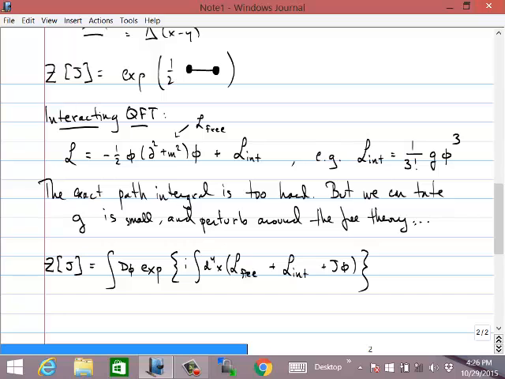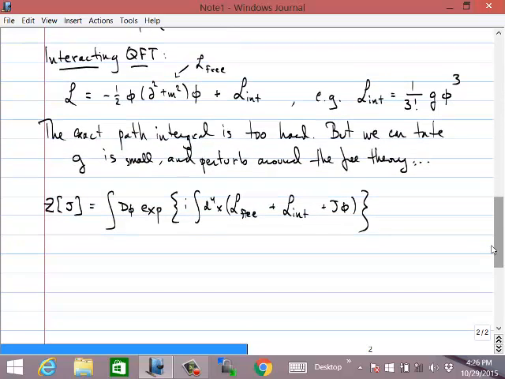So let's just imagine trying to compute that for our simple phi cubed interaction that we have up here. So what is that? Well, let's just imagine taking that L interaction term, so you have an e to the i integral of that interaction term. And you have this constant here which is small. So let's just imagine expanding that exponential in a Taylor series.